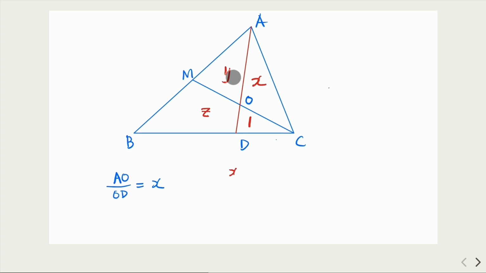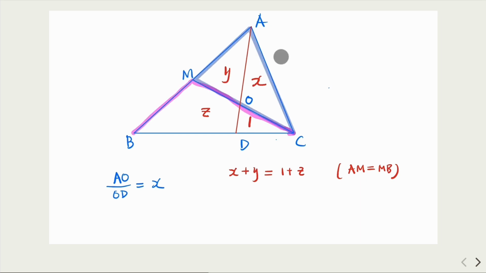We're going to assume the other areas here are Y and Z. Since M is a midpoint, the triangle area X plus Y would equal the area Z plus 1. Notice that these values are the areas of the triangles. Why is that the case? Because AM equals MB, so we have the area X plus Y equal to Z plus 1.